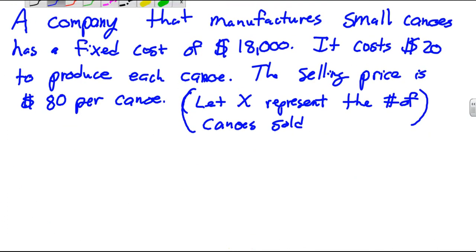Okay, so taking this apart, here's where we're going to break it down. It says write a cost function. How much does it cost to make each canoe? Well, it's $20, and that's it, right? So for that one, let's say write an equation. Well, y is equal to 20x.